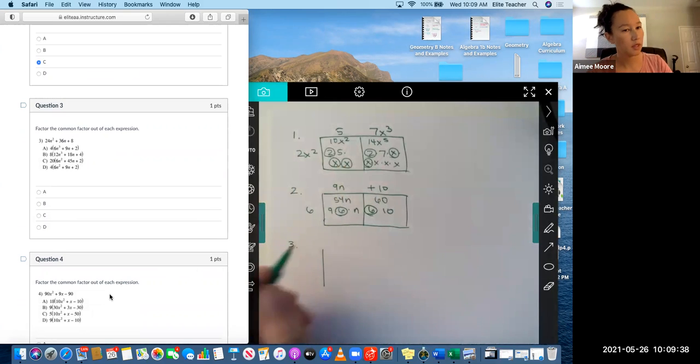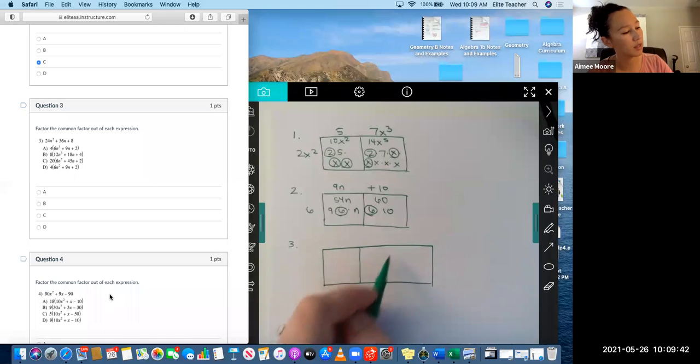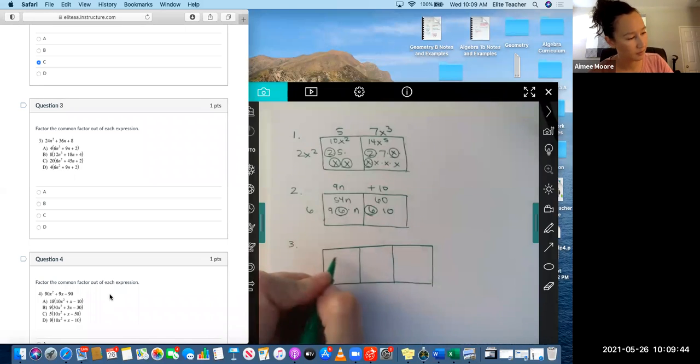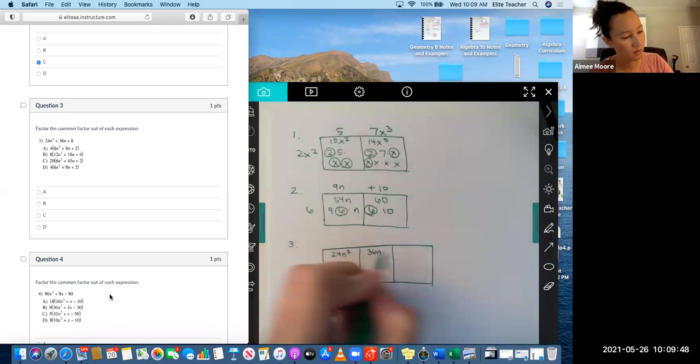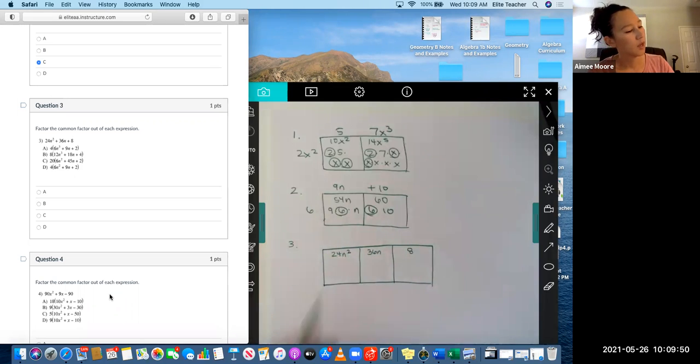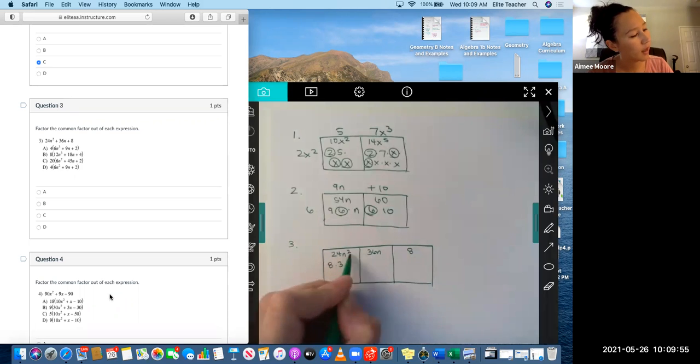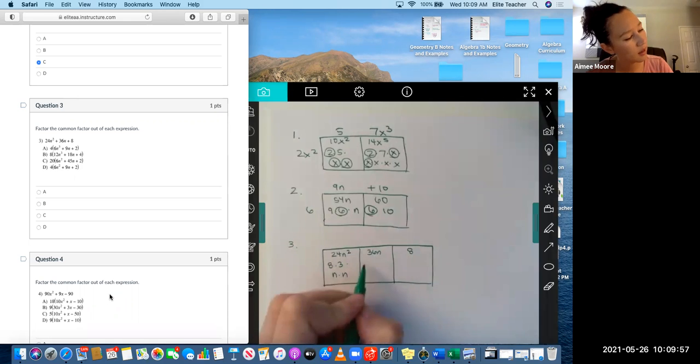Okay, number 3, we're still doing the common factor, but this time there are 3 terms. So we're going to need 3 boxes. So to get 24, we have 8 and 3. n squared is n and n. 36, 6 times 6 times n.